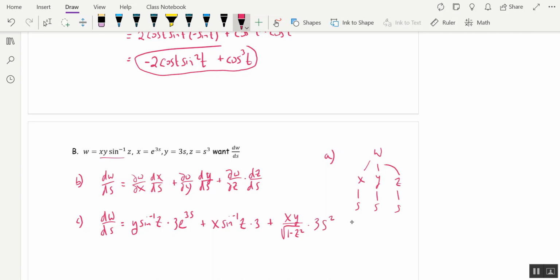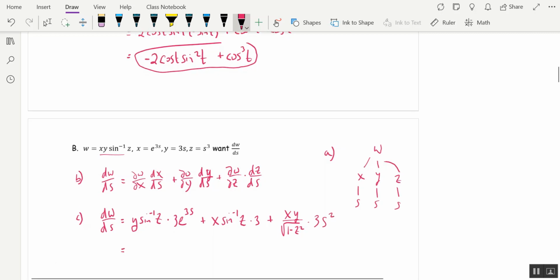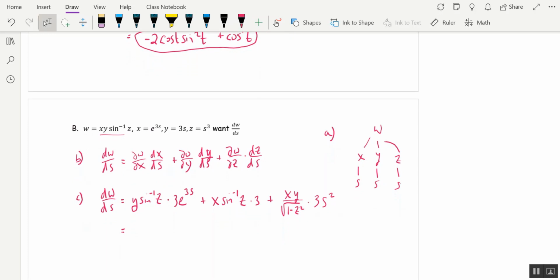Okay, now we do cleanup. I'm going to write this all in terms of s. That's the independent variable. So I need to back substitute x is e to the 3s, and y is 3s, and z is s cubed. So this gives me 3s sine inverse of s cubed times 3 e to the 3s plus e to the 3s times sine inverse of s cubed times 3.